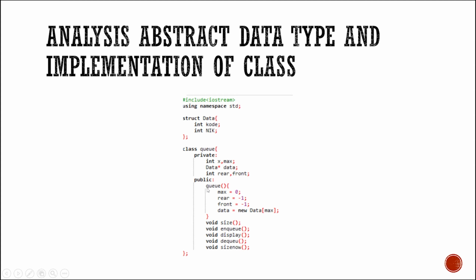Public, we have q max equal to 0, rear equal to -1, front equal to -1, and data equal to new data max. And last, we have void in class, void size, void enq, void display, void deq, and last void size now.